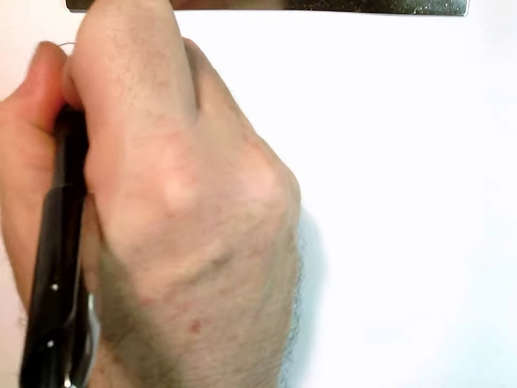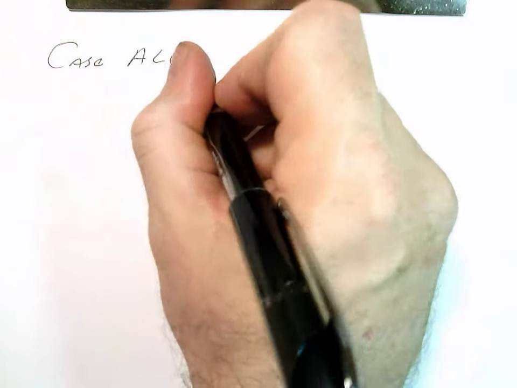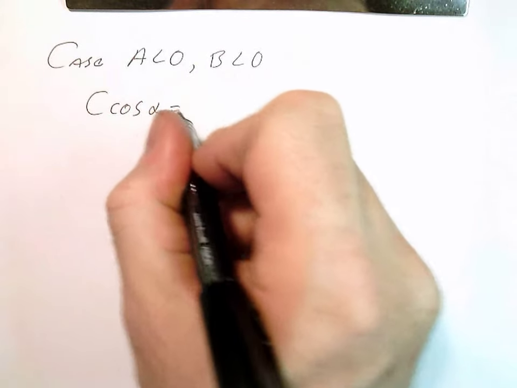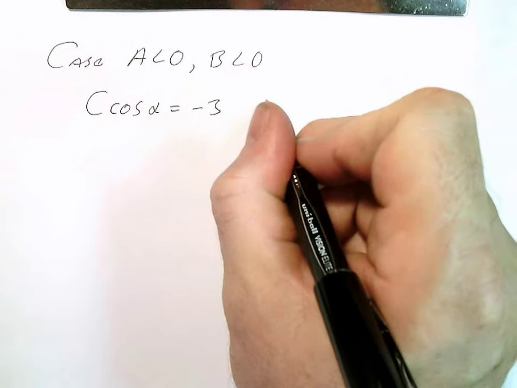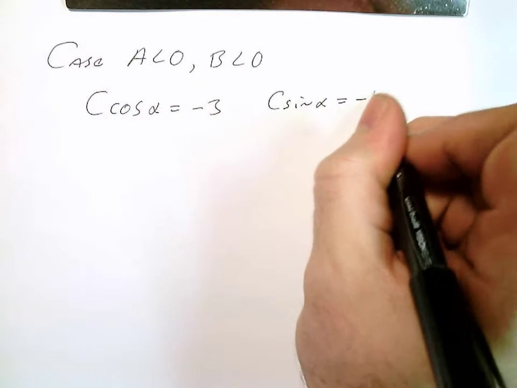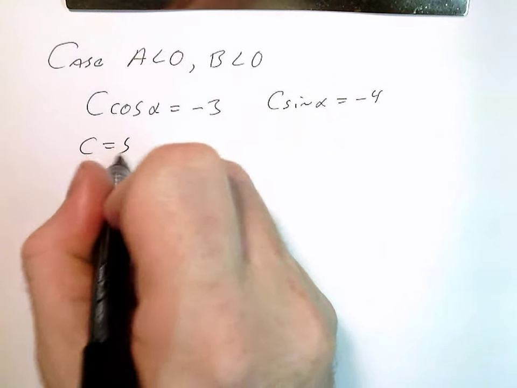Then I have the case where A is less than 0 and B is less than 0. So maybe I have C cosine alpha is negative 3 and C sine alpha is negative 4. Okay, so again, C is 5.